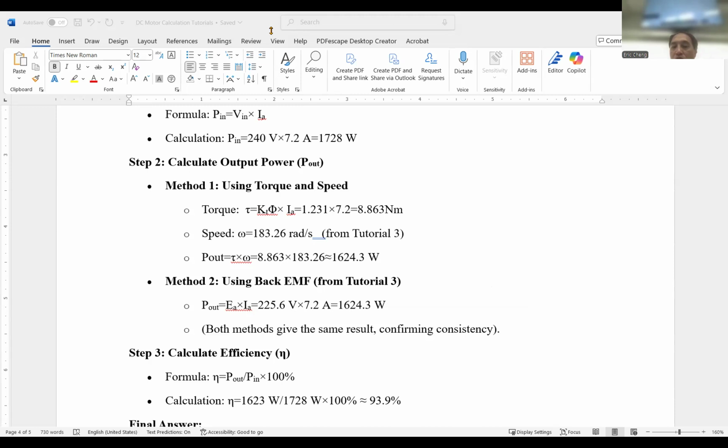We got 120 volts. This voltage will be applied to the whole inductor of the motor, multiplied by the time, because the turn on will be 30 microseconds. Within 30 microseconds, the voltage is applied to the motor winding and the current will go up. So we call it delta I.